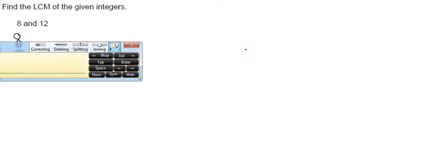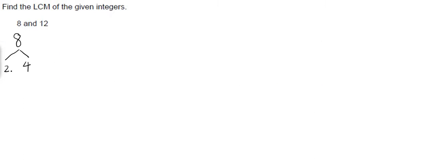And 2 is a prime because it can be divided only by 2 or 1, right? So we can't continue to factor 2. And for the 4, we can easily tell that it can be factored as 2 times 2. So now we have three factors, 2, 2, 2.